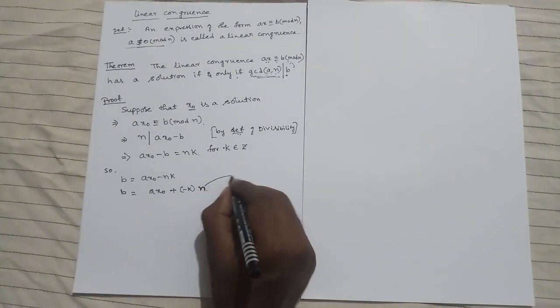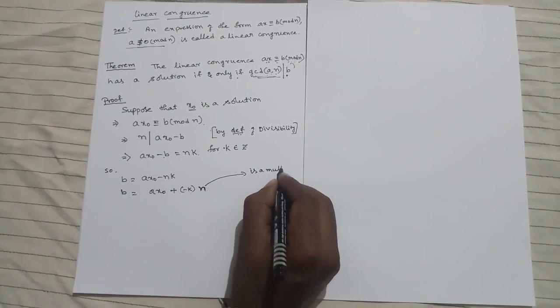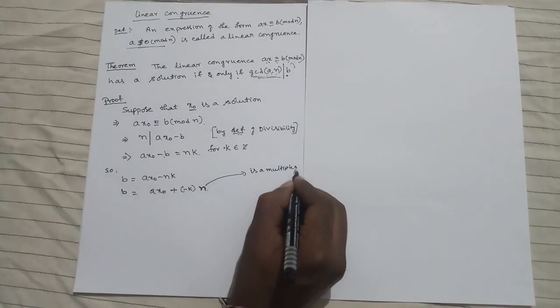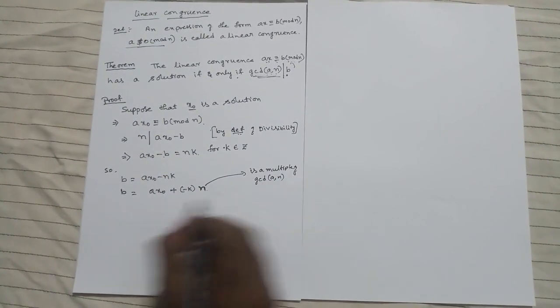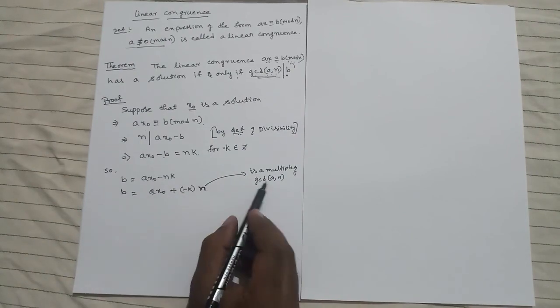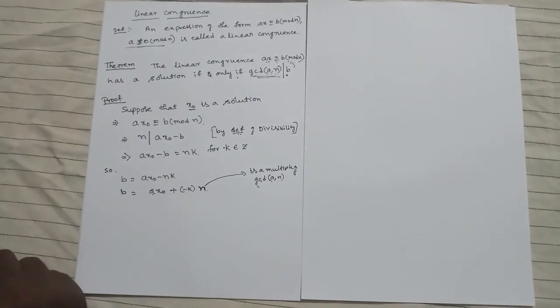Here look at this one: n is a multiple of GCD of a comma n, and a is also a multiple of GCD of a comma n.